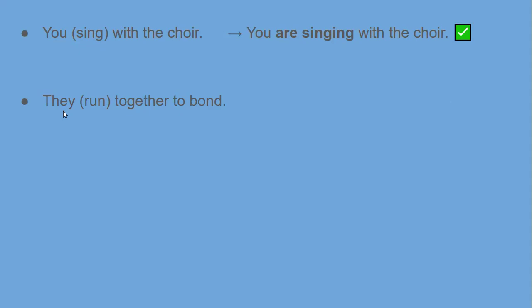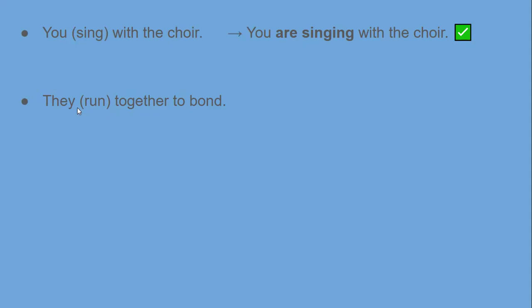Next sentence. They run together to bond. Subject, they, and therefore we use the verb to be are after the subject they. And then we add, of course, an ing at the end of the verb. But in this case, of course, we add another n. Okay, that's the spelling of running.